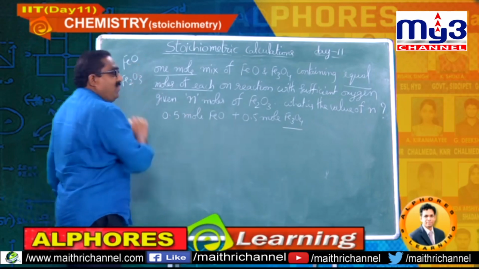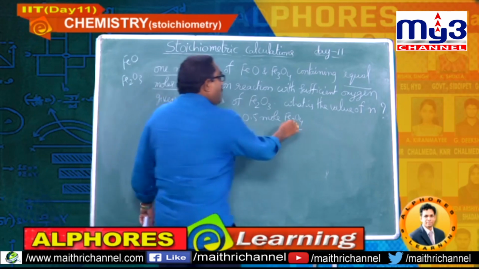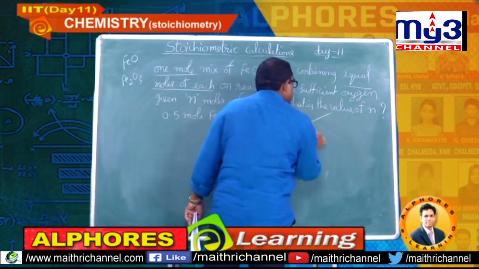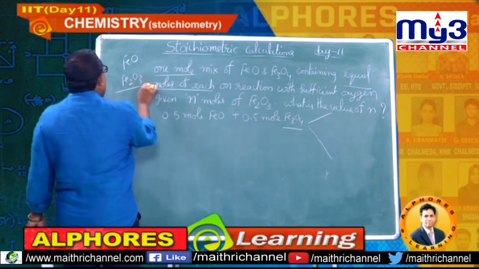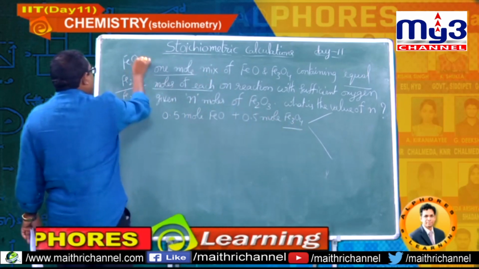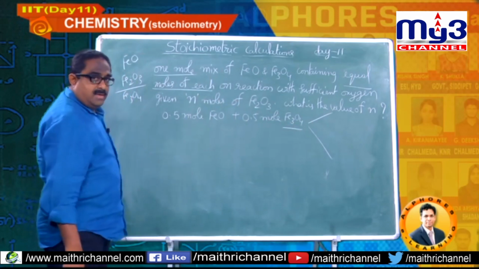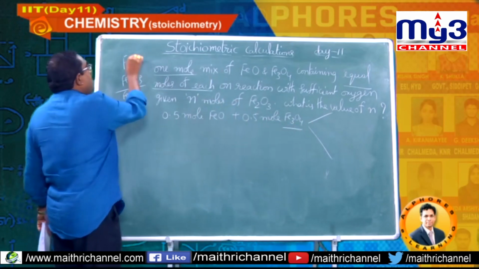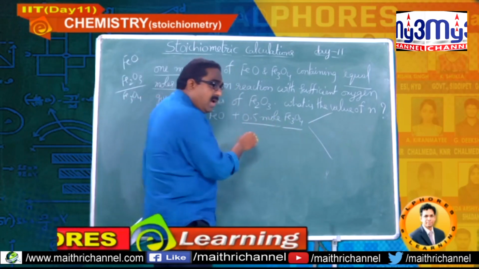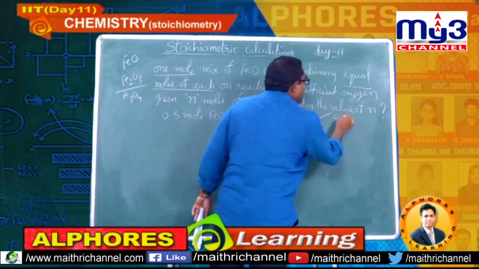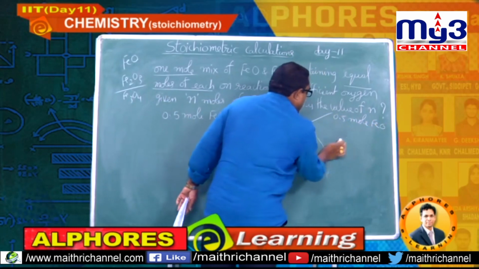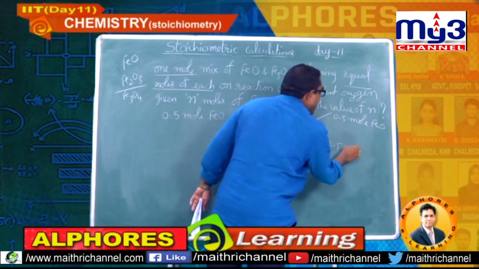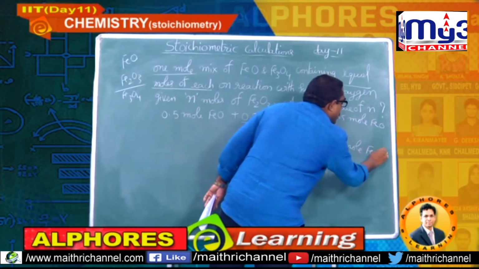Now, no doubt, this is a mixed oxide. If you add these, what will you get? Tell me. Fe3O4. So, 1 mole of this contains 1 mole, but this time he has given 0.5 mole. So, instead of this, I can write 0.5 mole FeO and 0.5 mole Fe2O3.